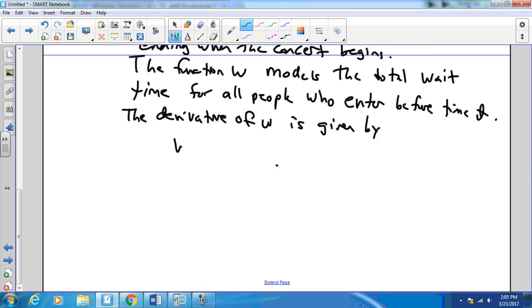is given by W prime of t equals 2 minus t times R of t.